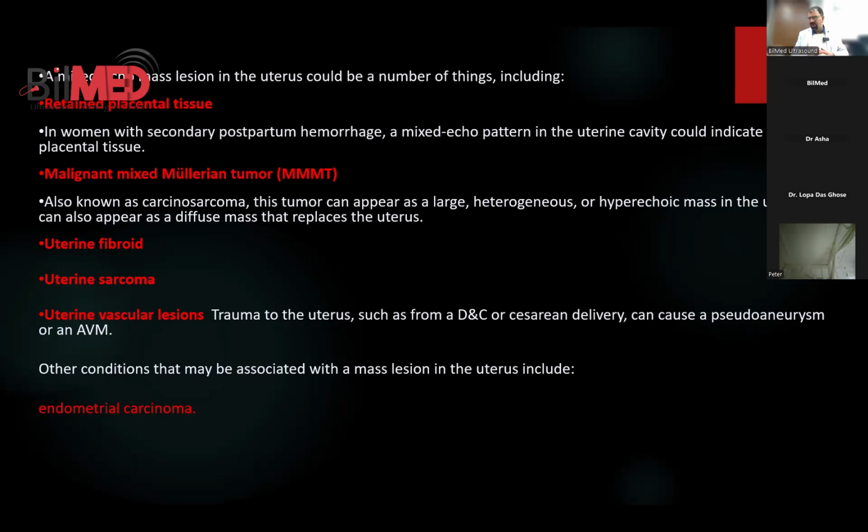The color Doppler will tell you: if vascularity is increased, it gives you the signal that there are chances of malignancy. And if the flow is low, that goes against malignancy.